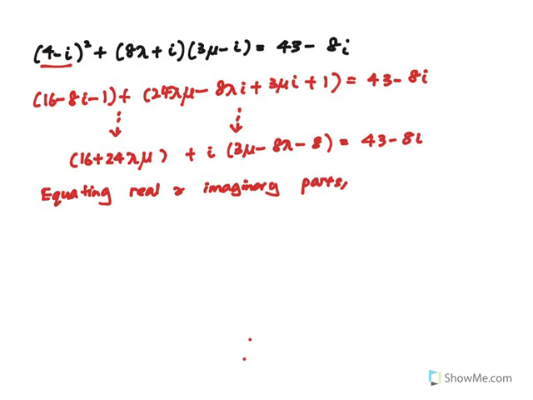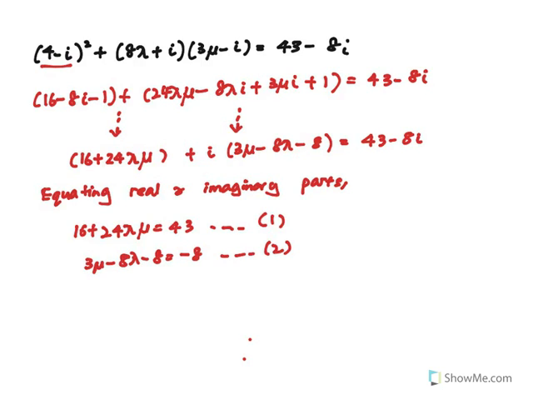I have 16 plus 24 lambda mu equals 43, and 3 mu minus 8 lambda minus 8 equals negative 8. Let's call this equation 1 and this equation 2. So you just try to solve this for lambda and mu.